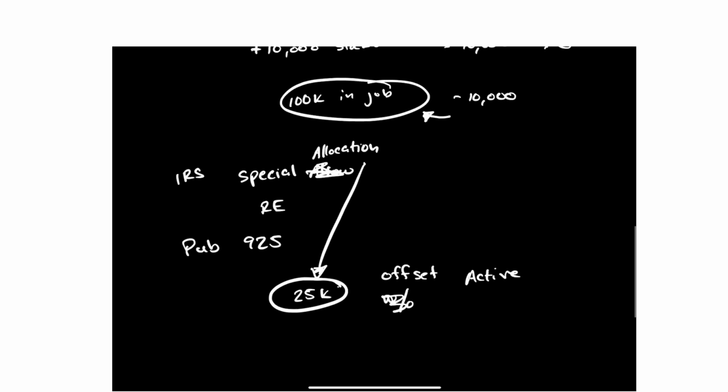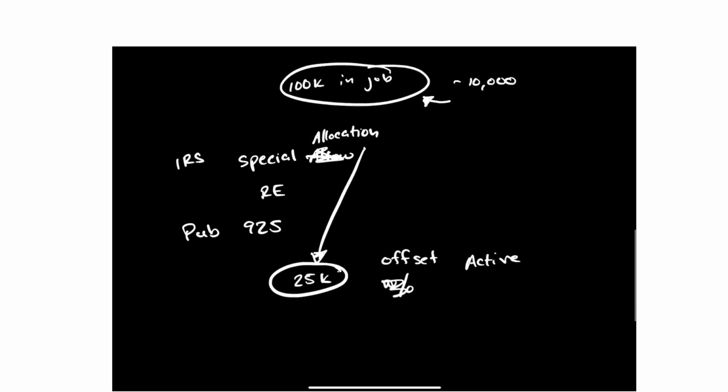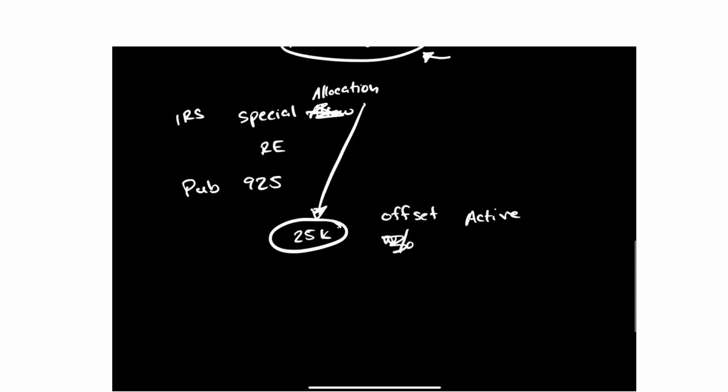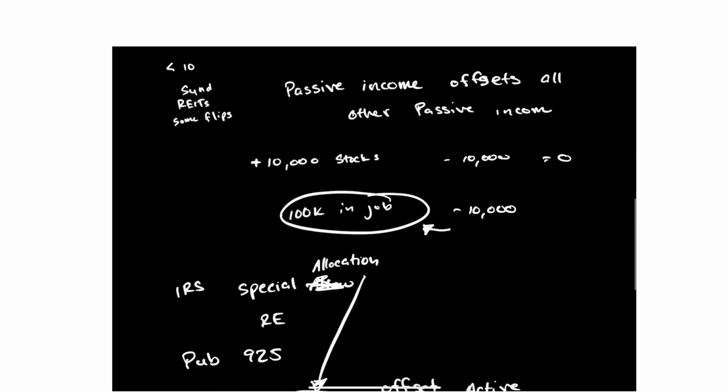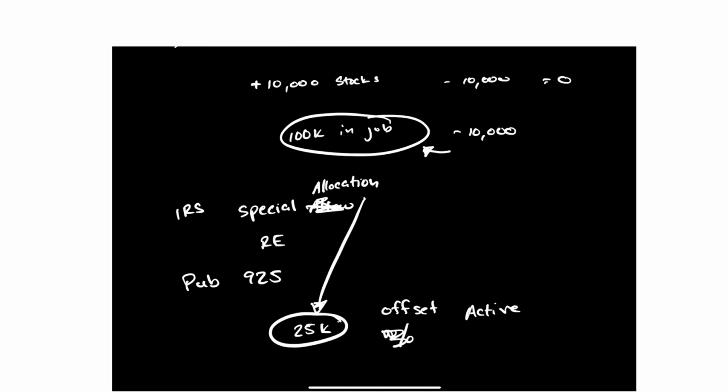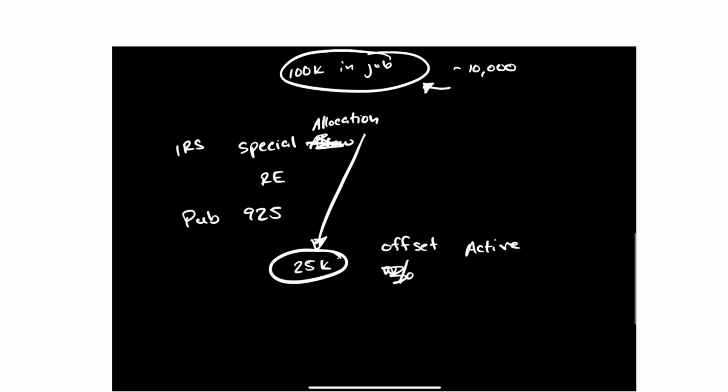And this is, again, based off of how you guys will work in the job, you will all be in the active bucket. So although it's a passive loss, because of this special allocation from the IRS, you can use this passive loss to offset any active income. So this is all W-2 income or business income.